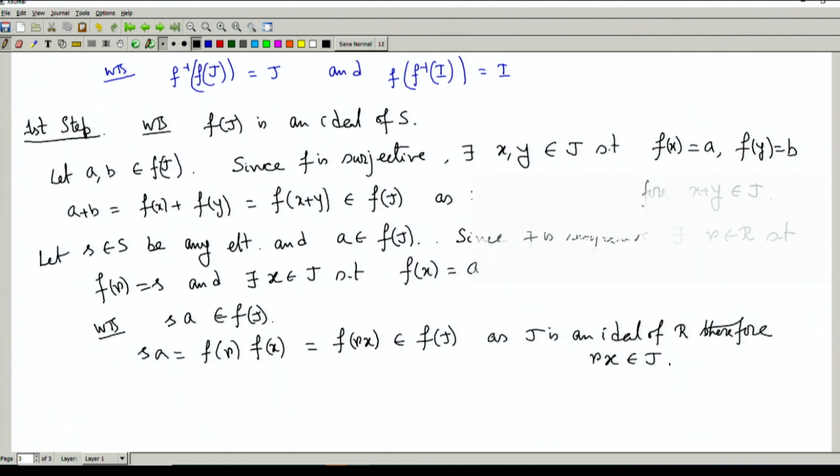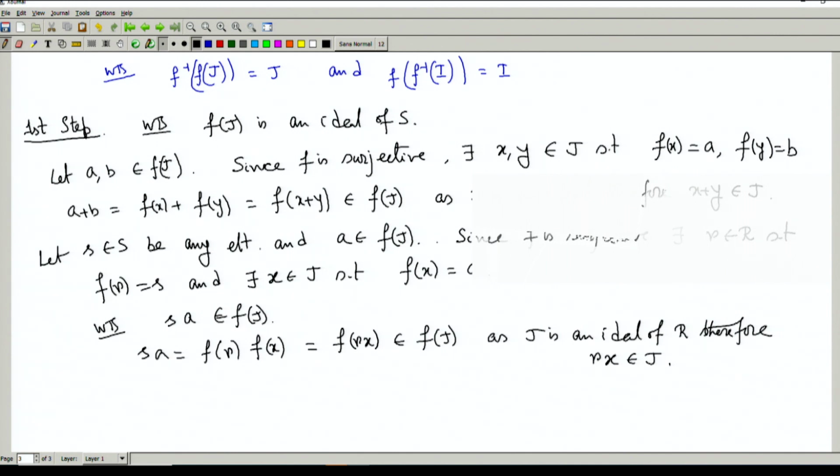So, this is by the property of the ideal that we have used here, and we have shown that if you start with an ideal J, then f of J is in fact an ideal of S.